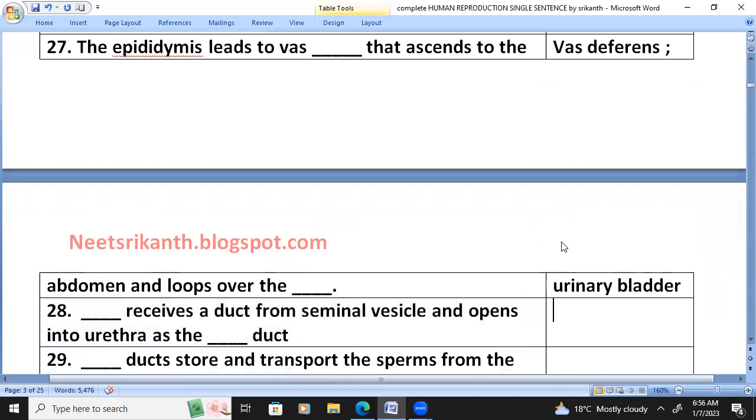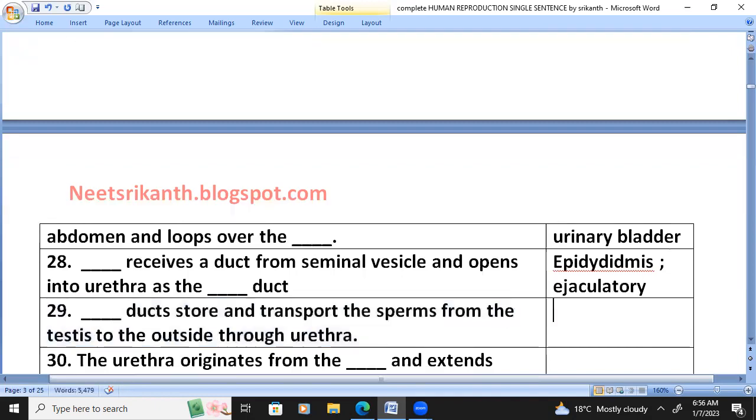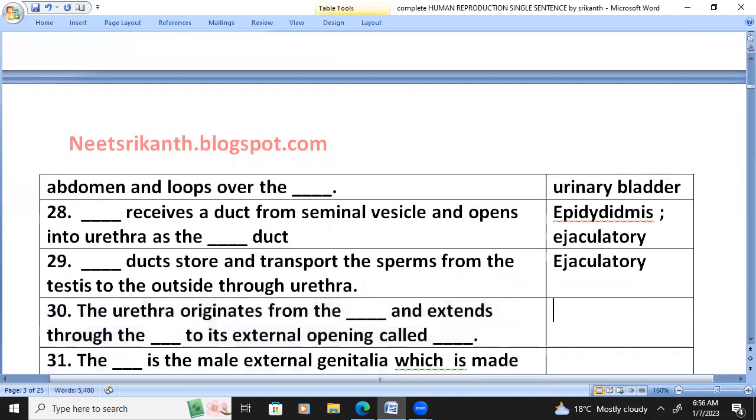It receives a duct from seminal vesicle and opens into urethra as the ejaculatory duct. These ducts store and transport the sperms from the testis to the outside through urethra.